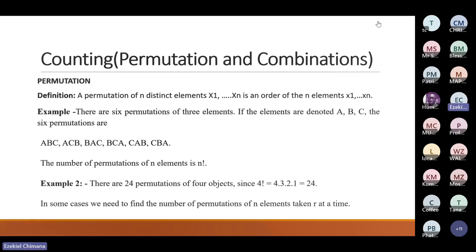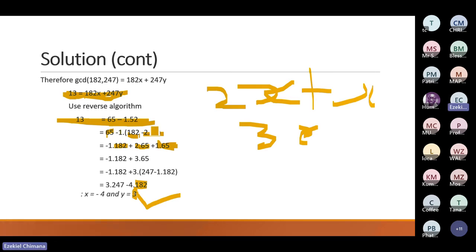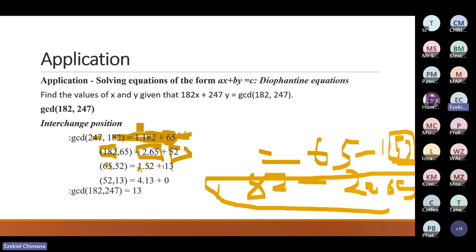So on the reverse, you are just reversing the Euclidean algorithm. You first work going forward, and then when we want to find the values of x and y, you work backwards. So you just reverse what you have been doing.